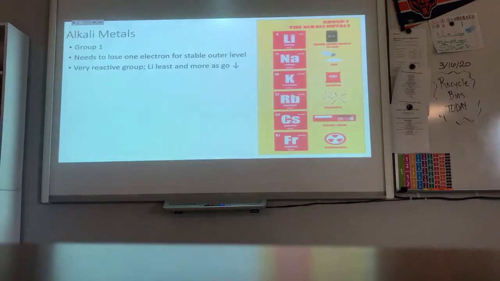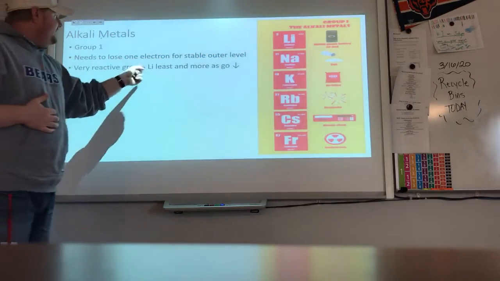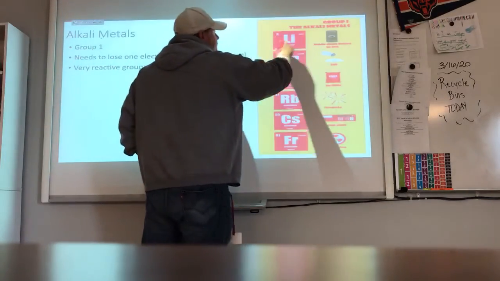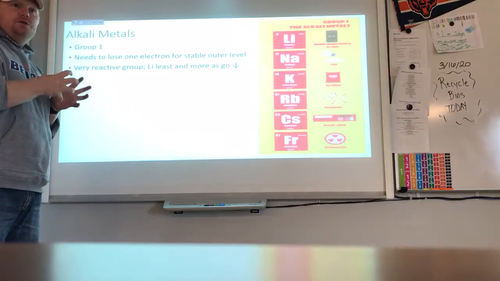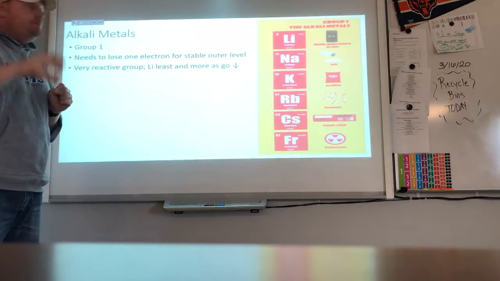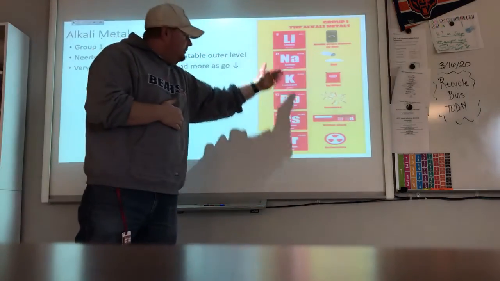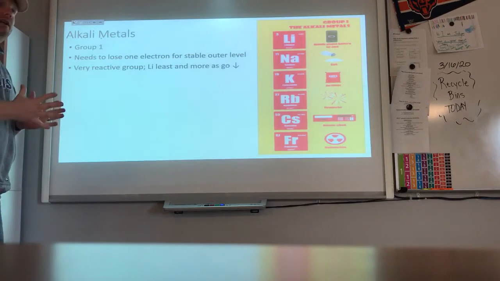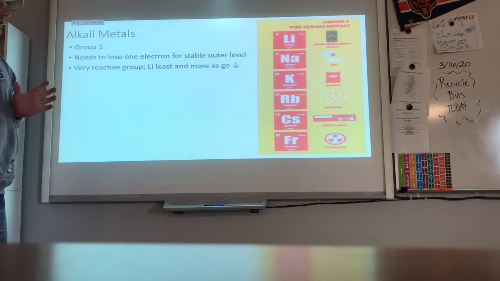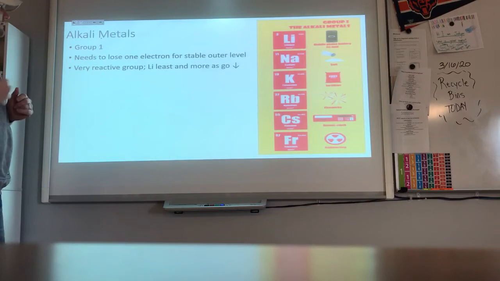With these, they're a very reactive group. Lithium is the least reactive because that outer electron is closest to the nucleus and therefore hardest to pull away. As you get down the list, they're easier to pull away because they're in electron energy levels that are further away and therefore can take electrons from things easier.